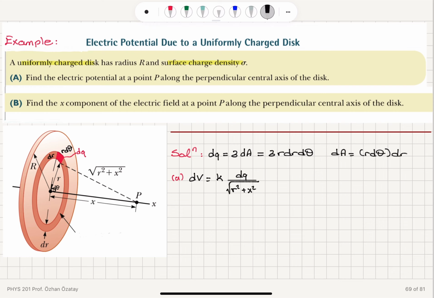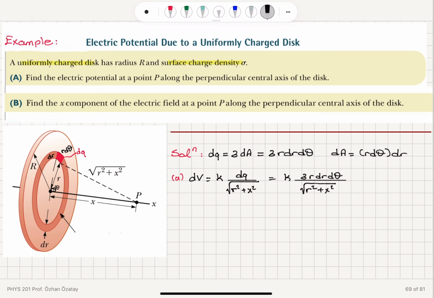So if I substitute for dq sigma r dr d theta, this will be k times sigma r dr d theta divided by square root of r square plus x square.